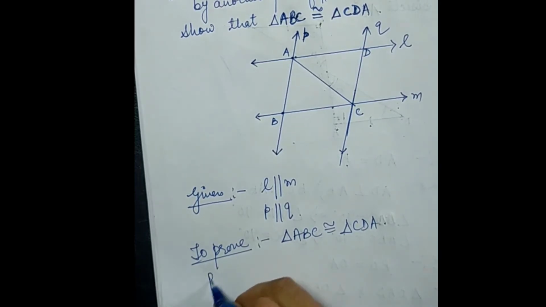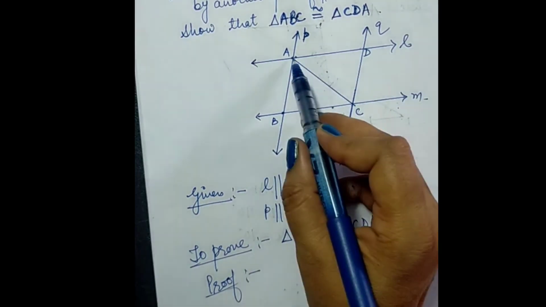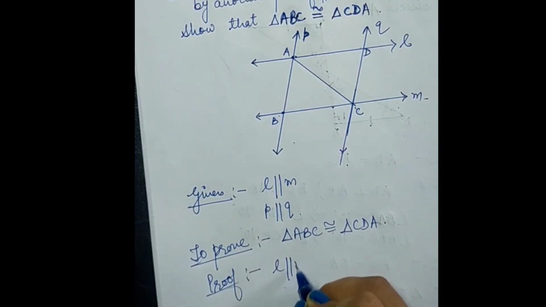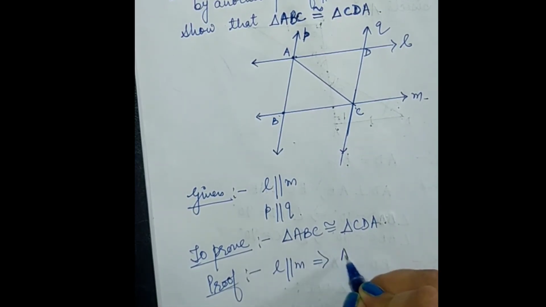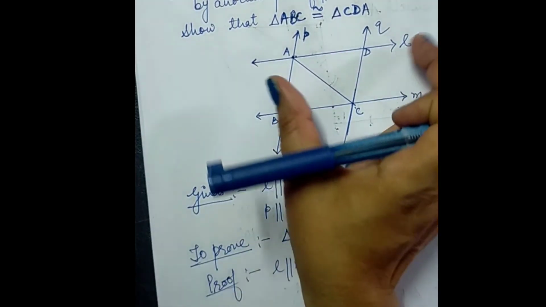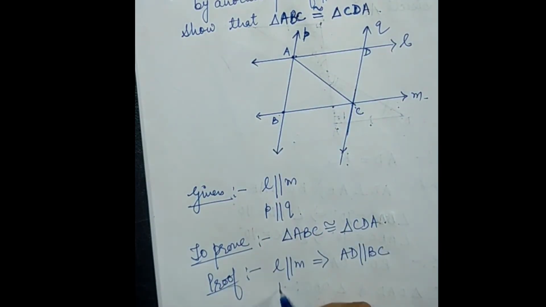So for the proof, now if L is parallel to M, may I write AD is also parallel to BC? L is parallel to M, therefore AD is also parallel to BC because AD is a part of line L. Similarly, BC is a part of M. Similarly, P is parallel to Q being given.